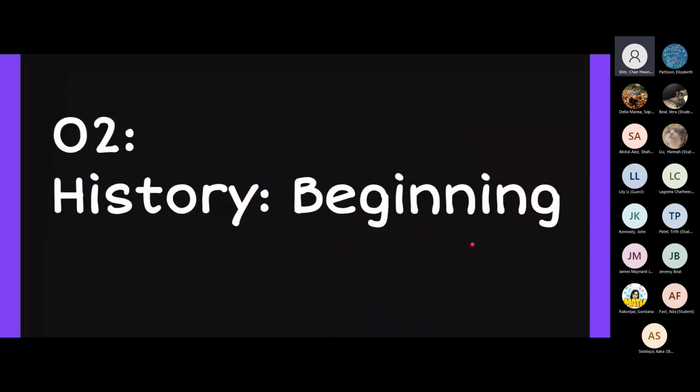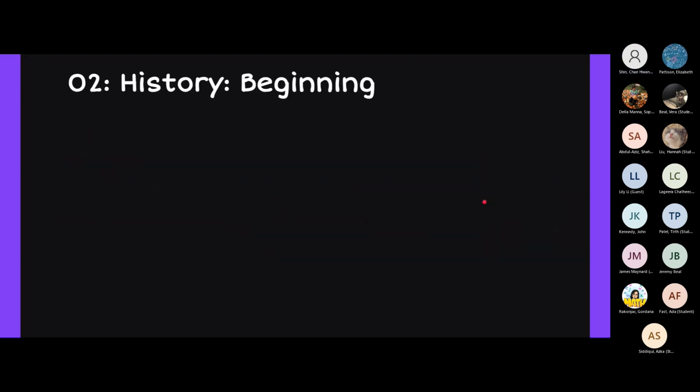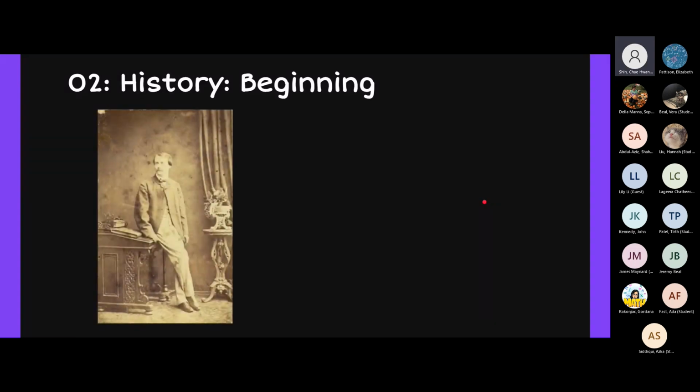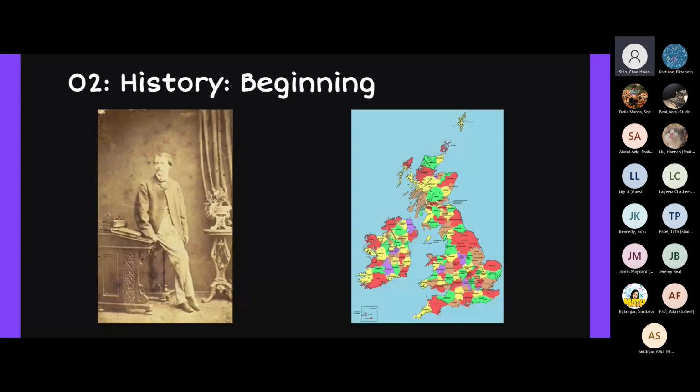Okay, going to the next slide. History of the four-color method. The history of the four-color map theorem began in 1852 when the English mathematician Francis Guthrie was coloring a British map of each region.